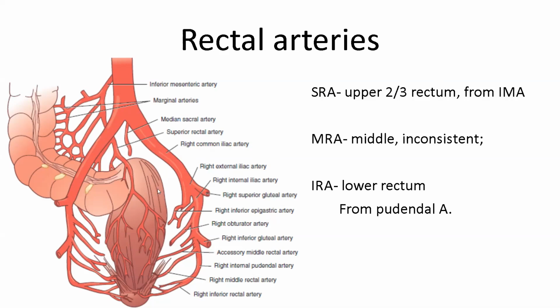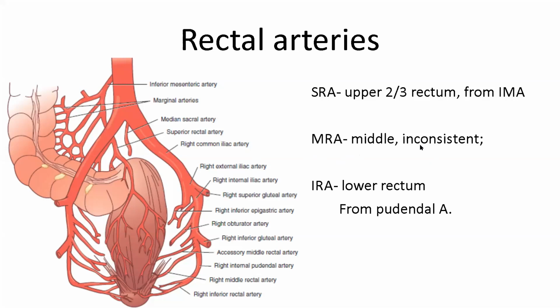The second is the middle rectal artery. Middle rectal artery is the most inconsistent, whether it be its existence, its origin, or its distribution. In about 40% of patients alone, middle rectal artery is seen. Some studies say that in up to 36 to 57% of patients, only the middle rectal artery is seen.